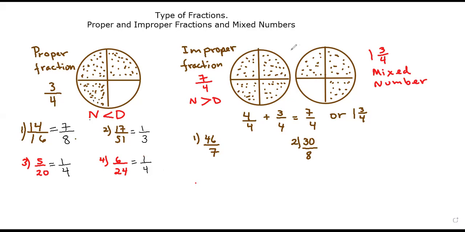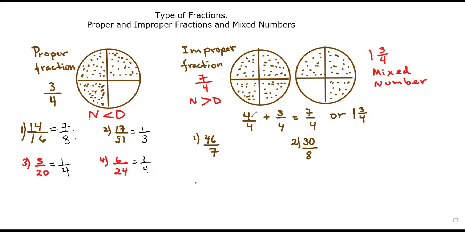We have here an example of an improper fraction. Improper fractions have the numerator greater than the denominator. 7 is greater than 4. That means that I have 1, 2, 3, 4, 5, 6, 7 fourths.